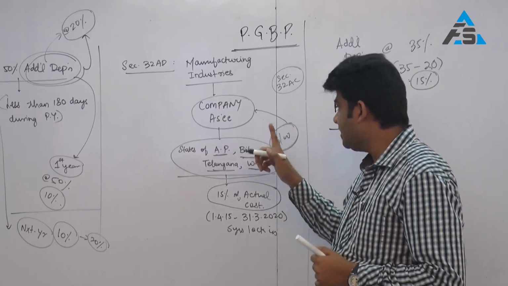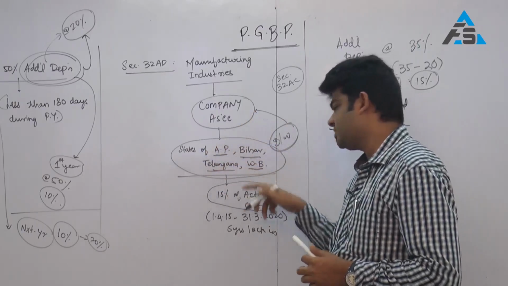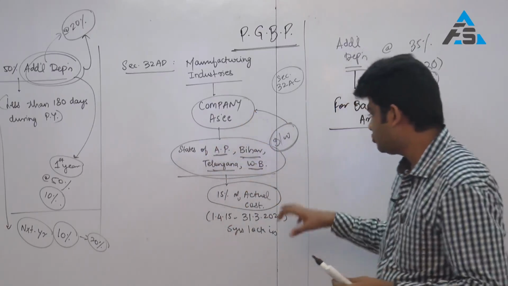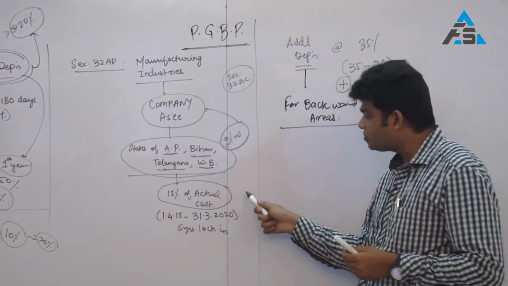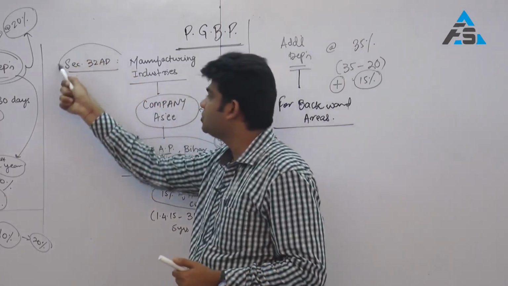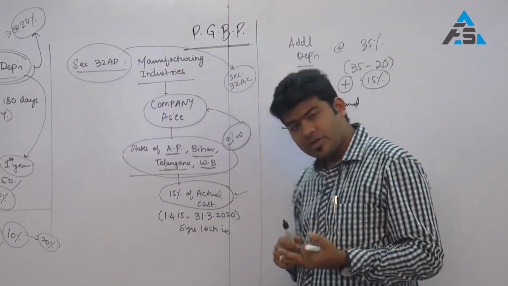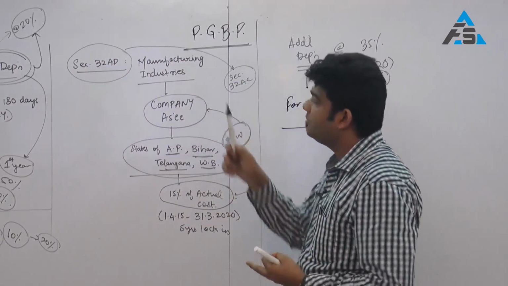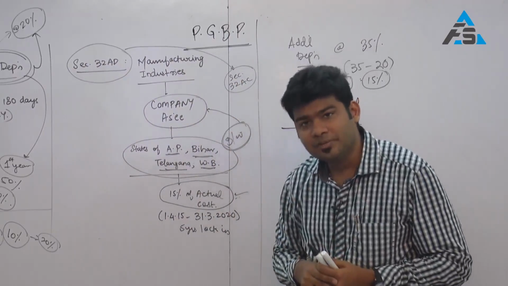So section 32 AD for company SSEs located in Andhra Pradesh, Bihar, Telangana, West Bengal, they are newly setting up industry and purchasing new plant and machinery. So 15% of the actual cost is an additional benefit that they are going to get through section 32 AD, which will be over and above section 32 AC, which will be over and above section 32 subsection 1, which is depreciation, which will be over and above section 32 subsection 1 clause 2A, which speaks of additional depreciation.